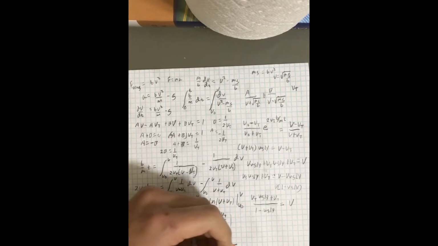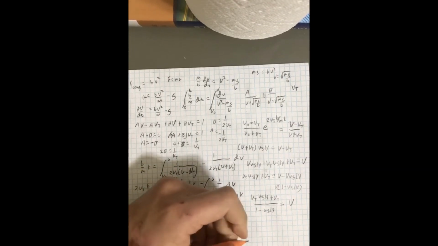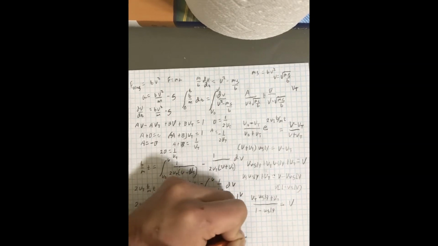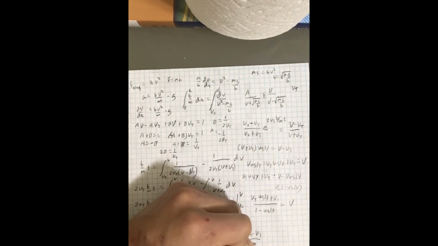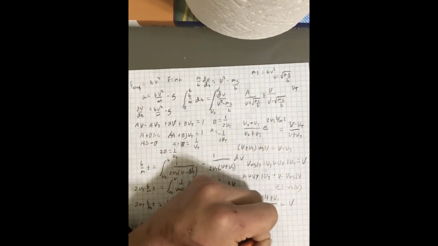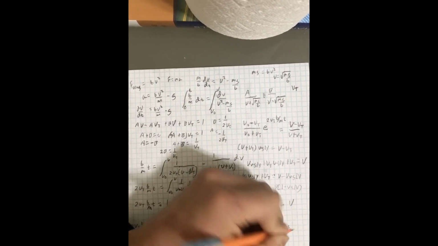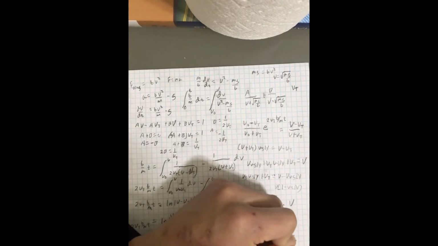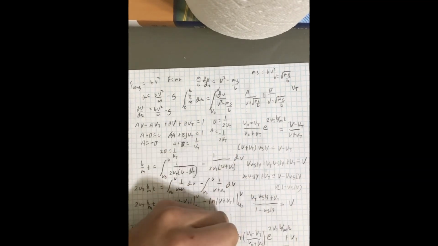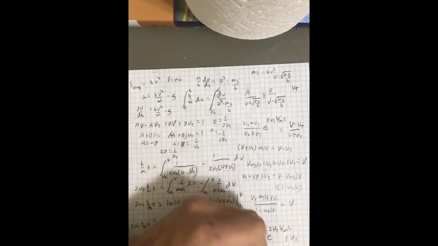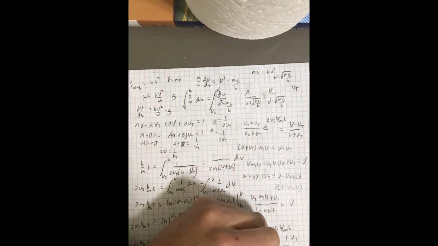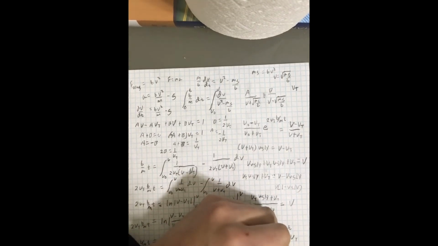Okay, so we got v is equal to vt times (v naught minus vt over v naught plus vt times e to the 2 vt b over mt, plus vt) over (1 minus v naught minus vt over v naught plus vt times e to the 2 vt b over mt).